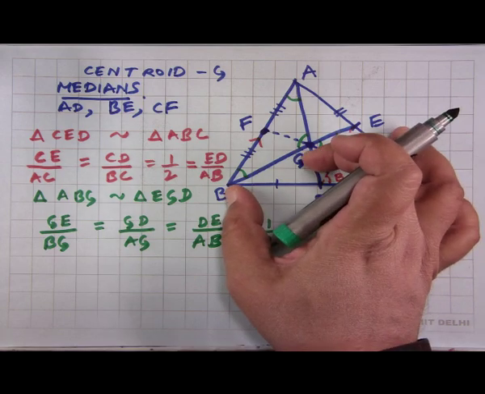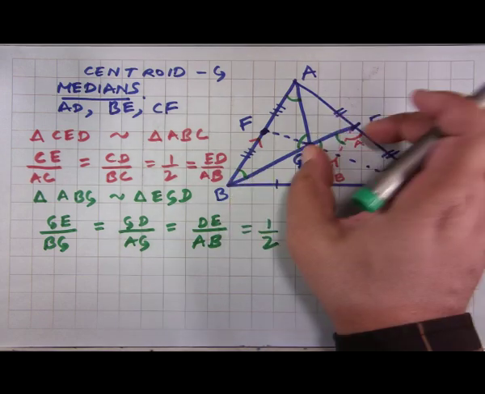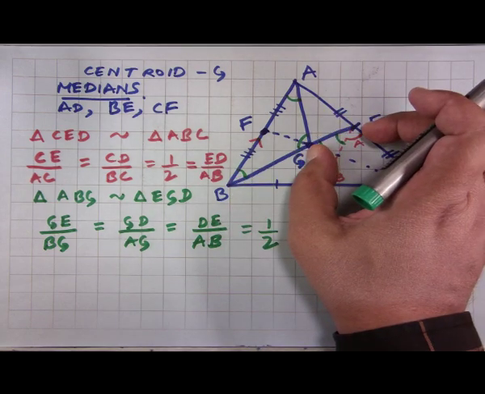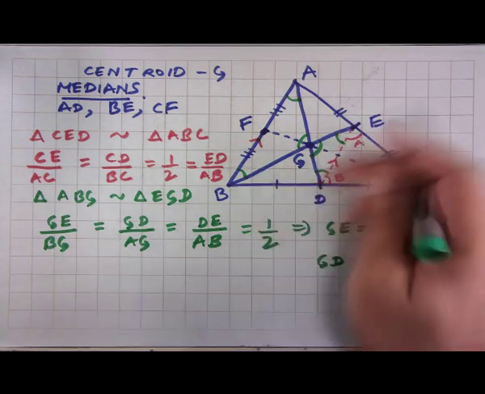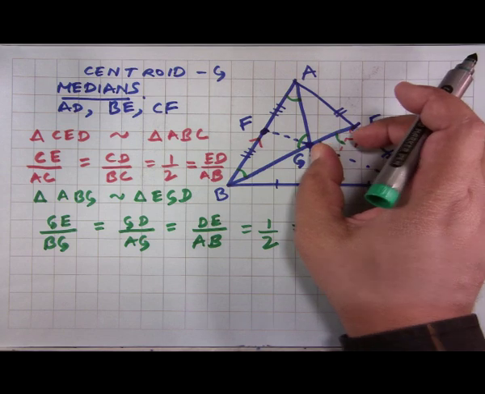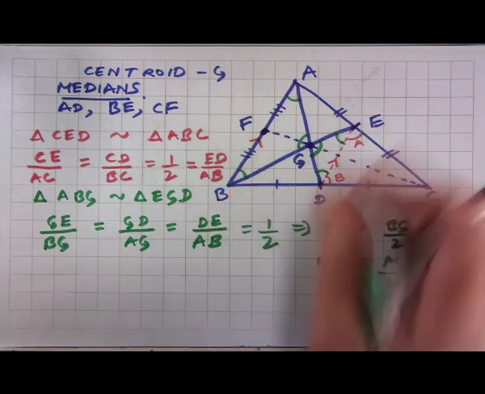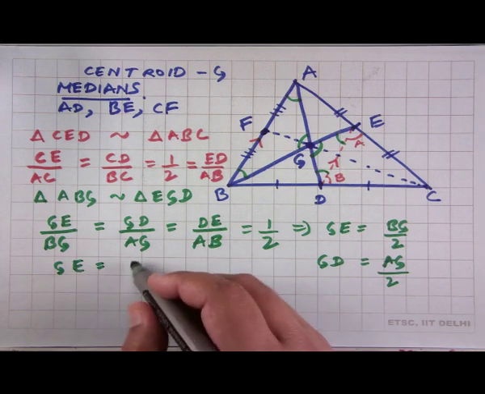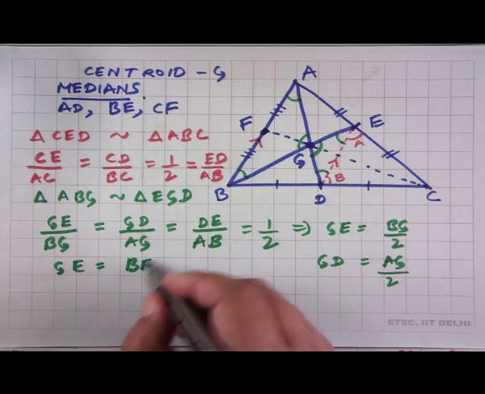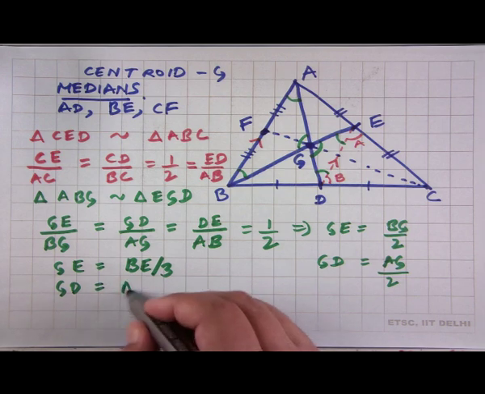What it basically means is that this length BG is double that of GE, or in other words, because this is a straight line, this length GE is 1/3 of this median BE. So, that implies that GE is equal to the length of the median BE over 3, and similarly GD is equal to the length of the median AD over 3.